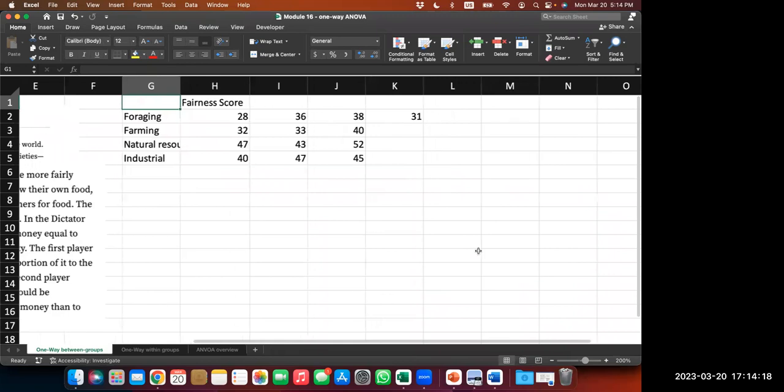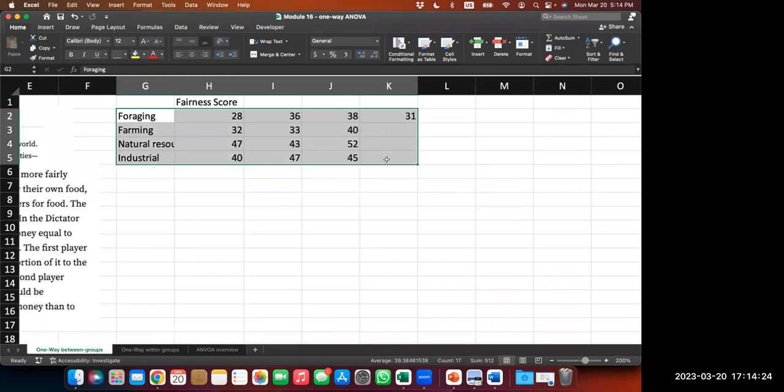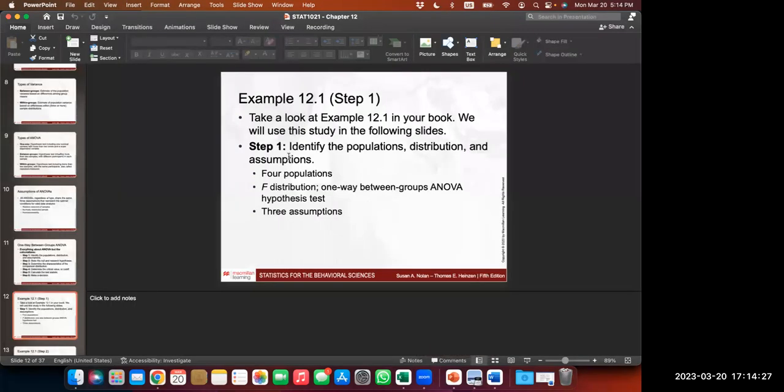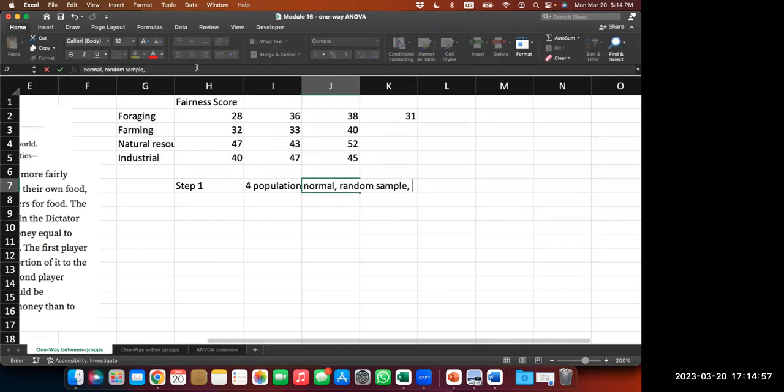Now we see here in our 4 groups the fairness score. So let's go back. First we identify population, distribution and assumptions. In step 1, we have 4 populations. We have our 3 assumptions, which are normal distribution, random sample, which is not true here, and homoscedasticity.